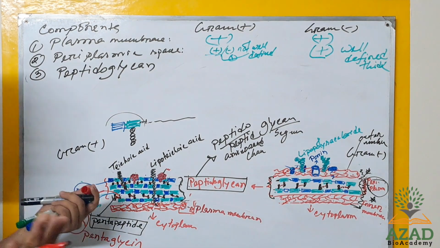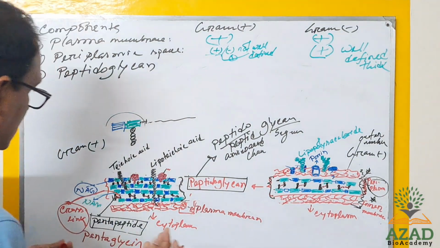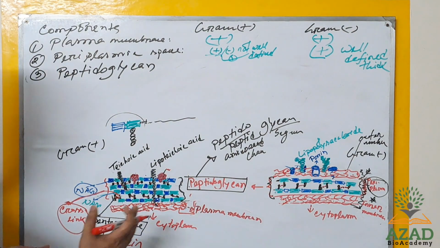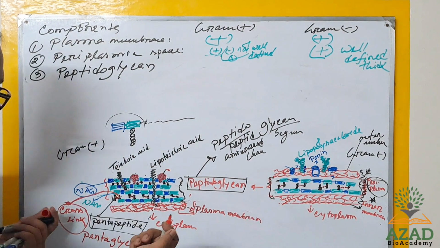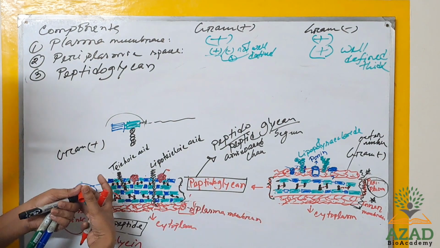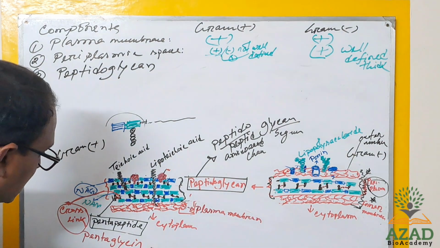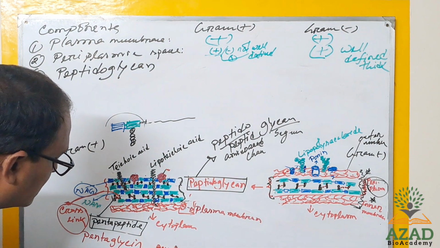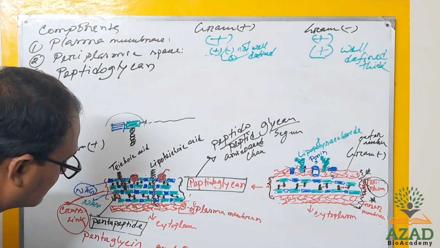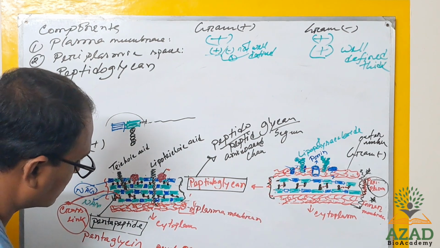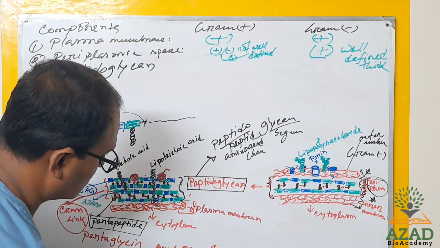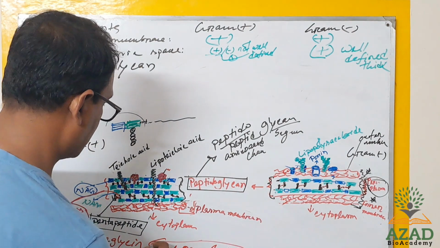In Streptococcus, a pentaglycine cross-link is available. If you think about E. coli, then it is a direct covalent bond, an amide or peptide covalent bond. That means direct bonding.